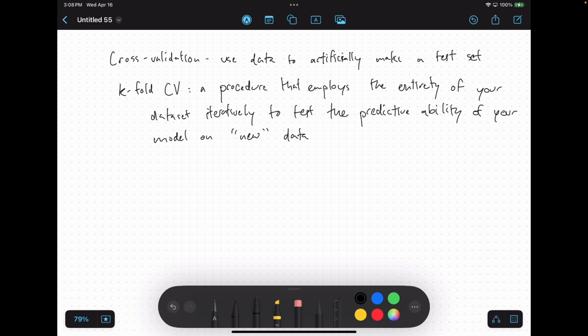So I'm going to give like a pseudo algorithm here to describe how to do this.